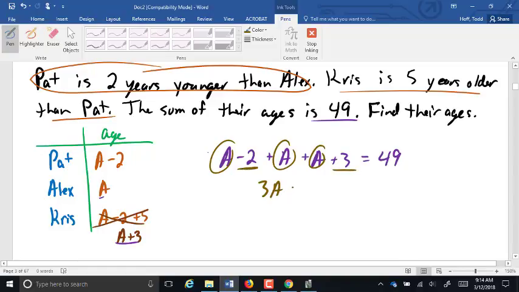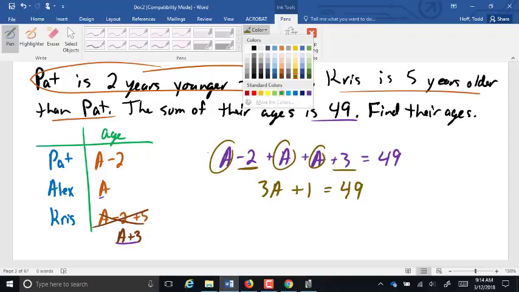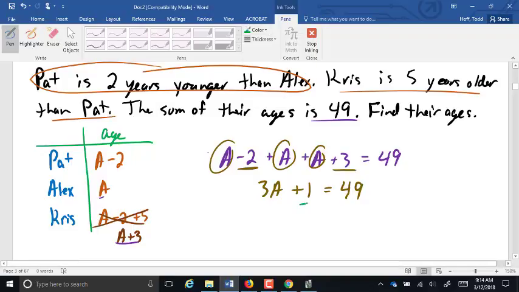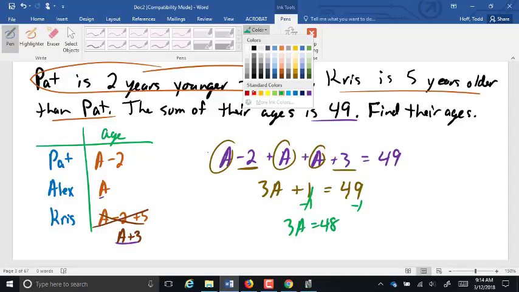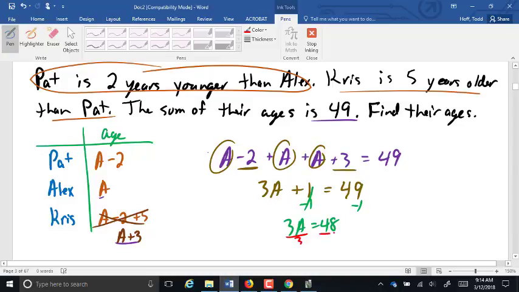Negative 2 and 3 make 1. 3A plus 1 equals 49. And now we can start to solve that by subtracting 1. 3A is 48, and then divide by 3. A equals 16.